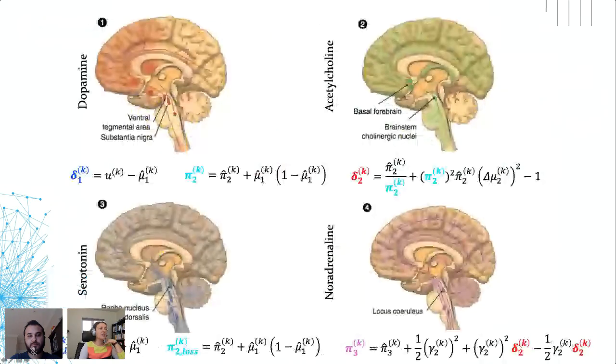So what if we can place a mathematical equation for each of these neuromodulatory systems and very precisely investigate their functions and their interactions?